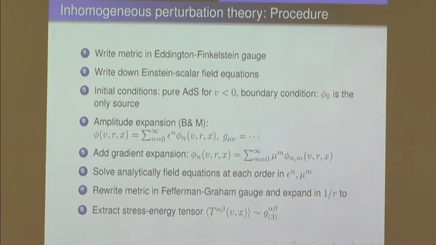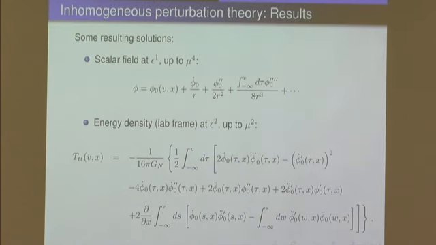Then after obtaining a solution, you must go back to Fefferman-Graham coordinates and expand in one over the radial coordinate to be able to use the standard formula to extract the stress tensor. And that's it. Here are some equations that you find as a result.